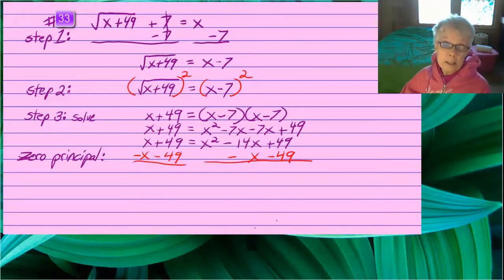This will give us a 0 on the left-hand side, which is using the zero principle, having the 0 on one side. We'll be left with x squared minus 15x because the 49's cancel out.